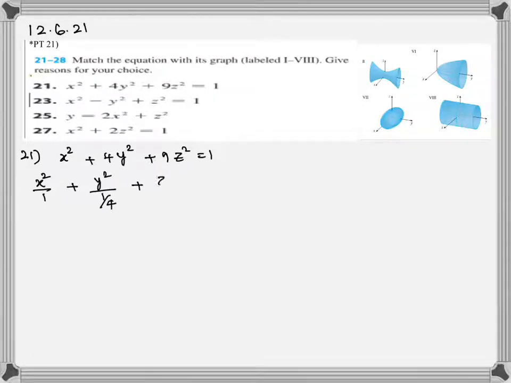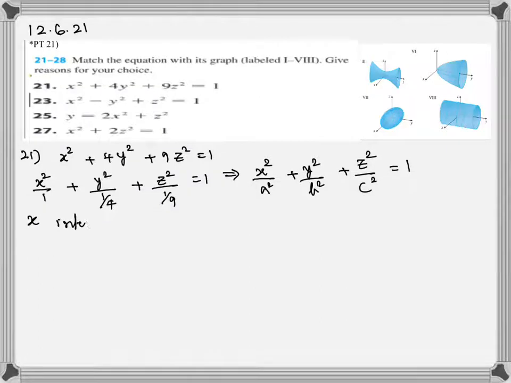To do that, we can write this as x squared over 1, 4 can be brought down and it's 1/4, and 9 can be brought down and written as 1 over 9 in the denominator. So it now takes the form x squared over a squared plus y squared over b squared plus z squared over c squared equals 1, which is nothing but an ellipsoid.